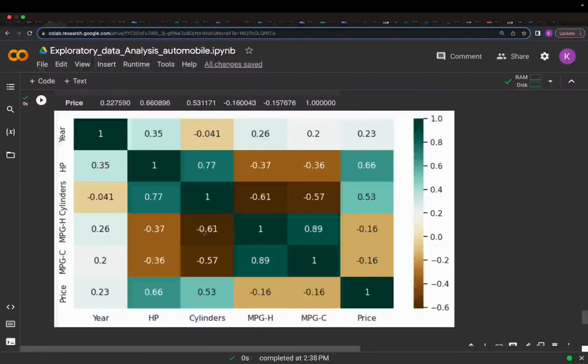Here the values are more than 0.5 negative, so we are saying that if you have a vehicle with a higher number of cylinders, it costs more fuel, so you will have fewer miles per gallon, so you will need more fuel to drive those vehicles. Let's look at a positive correlation between horsepower and cylinders. We are saying that to have a higher horsepower, you will require more cylinders.